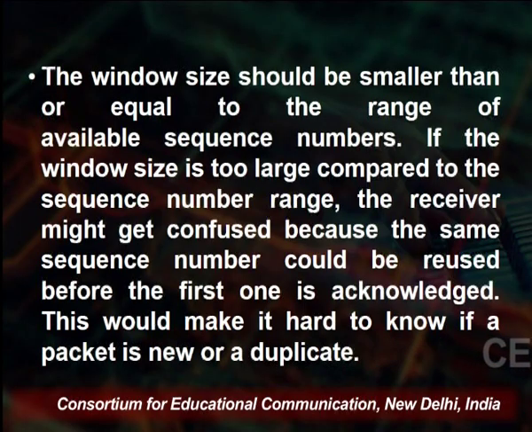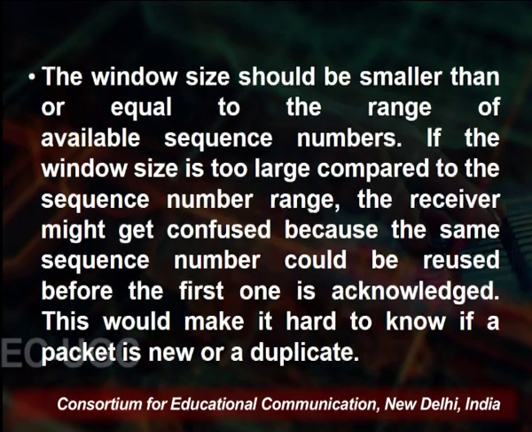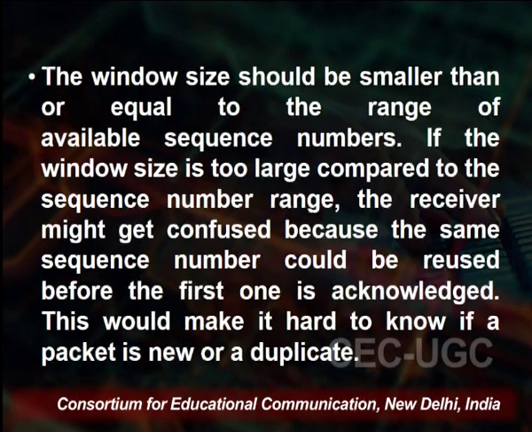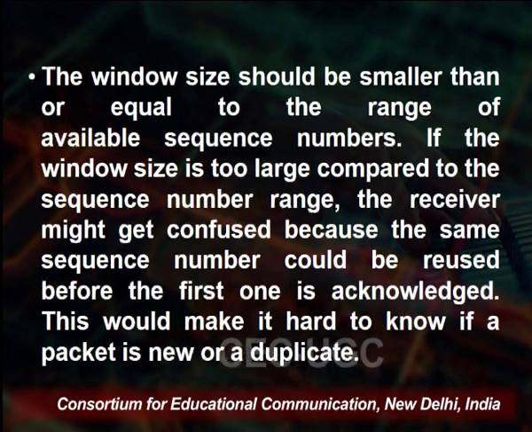That is 2 to the power n, as we have already seen. What happens if the window size is too large compared to the sequence number range? The receiver might get confused because the same sequence number could be reused before the first one is acknowledged, and it will be hard to know whether the packet is a new packet or a duplicate of one already received.